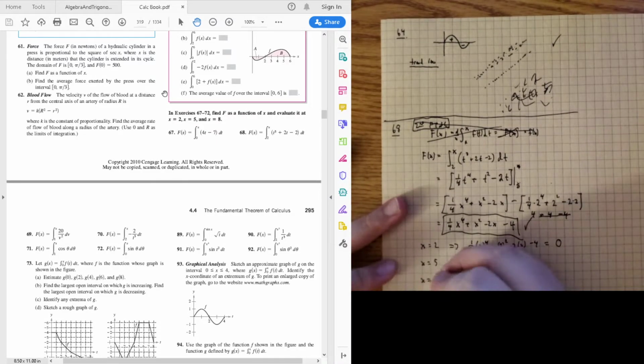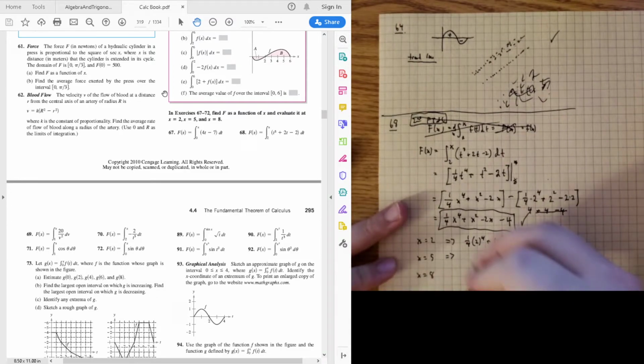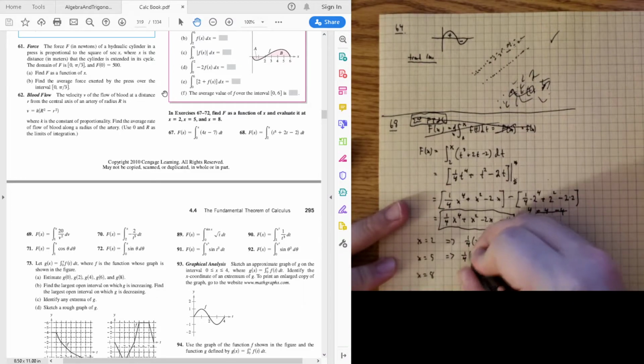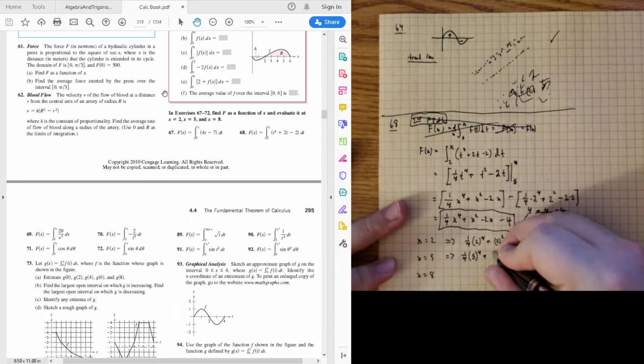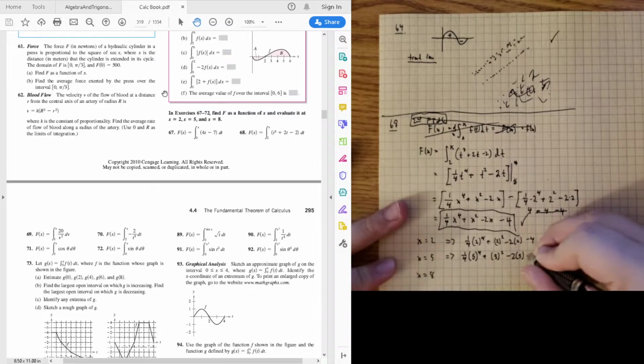Okay, x equals 5. I would do 1/4, and you can verify that result by actually solving that. We would do the 5 to the 4th power plus 5 squared minus 2 times 5 minus 4.